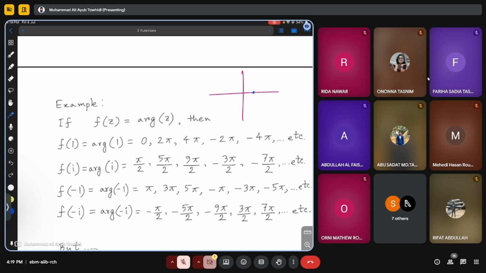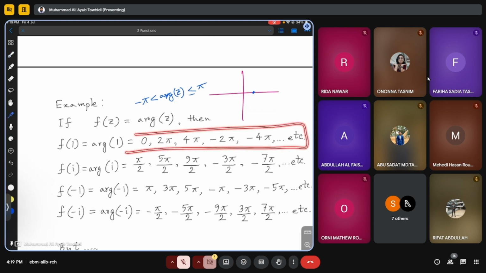But if I say that f of z is argument of z, but minus pi less than argument of z less than or equal to pi, then what will be the answer? Do you still have the same answers, all of them, or will it change?